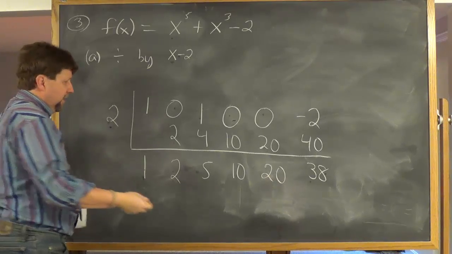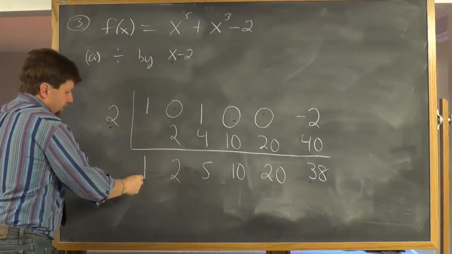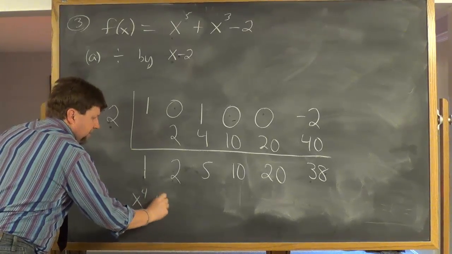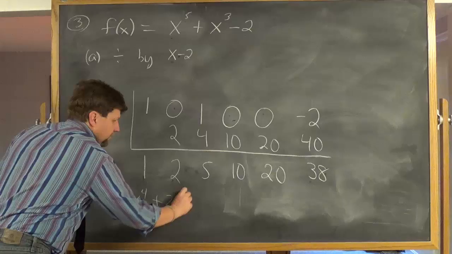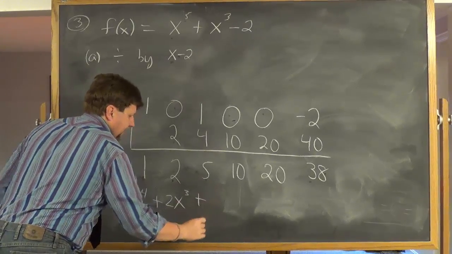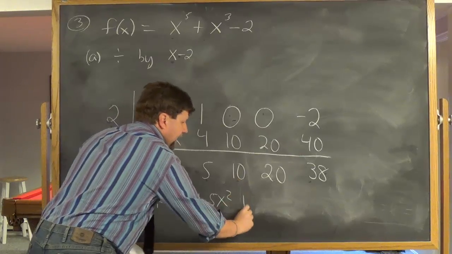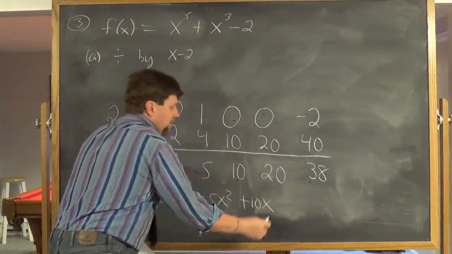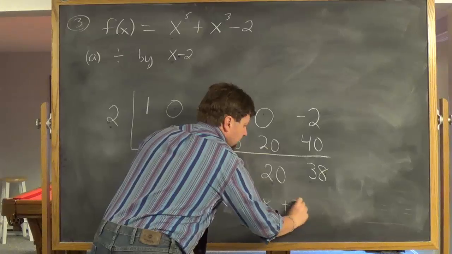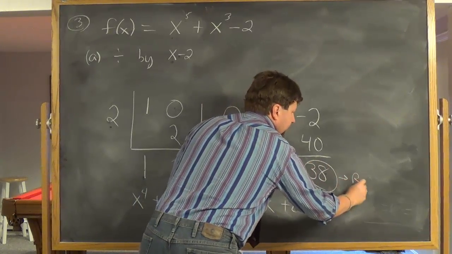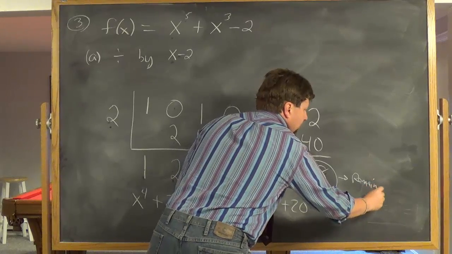So my quotient is 1x to the 4th, plus 2x cubed, plus 5x squared, plus 10x, plus 20. And then this number here is the remainder.